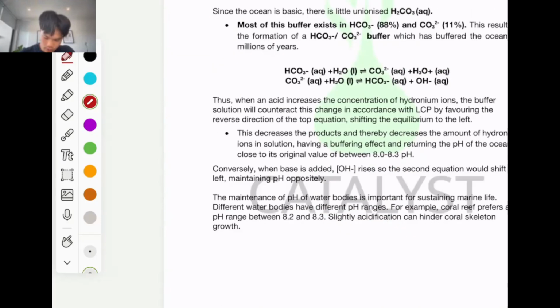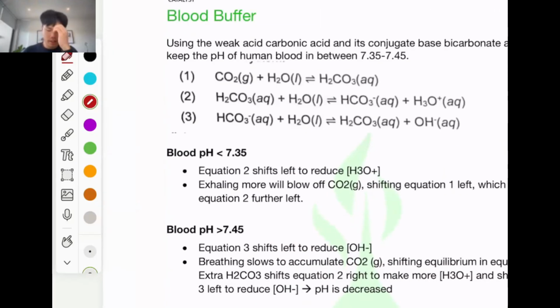Okay. So the blood buffer, there's a few different equations that they can ask you to talk about. So there's actually three. There's the one involving the gaseous CO2 turning into carbonic acid when reacted with water. Then you have the carbonic acid that can turn into bicarbonate and hydronium, and the bicarbonate can then turn into either back to carbonic acid, or it can go a step further and turn into carbonate ions.